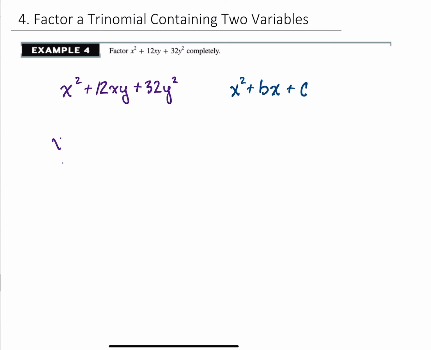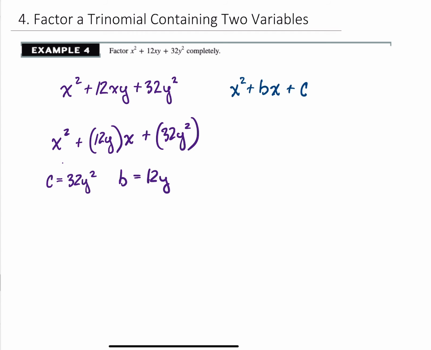If we see this as x squared, we have 12 times x times y. We can view this as like 12y times x. And then that last term is just 32y squared. Notice this term doesn't have an x in our form. So in this case, our c value is this entire 32y squared, and our b value is 12y.